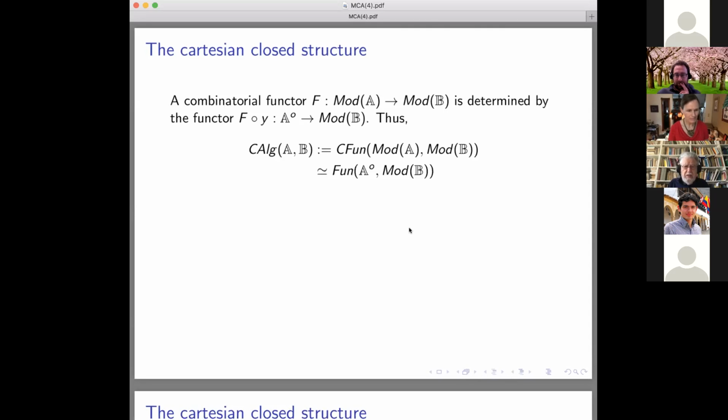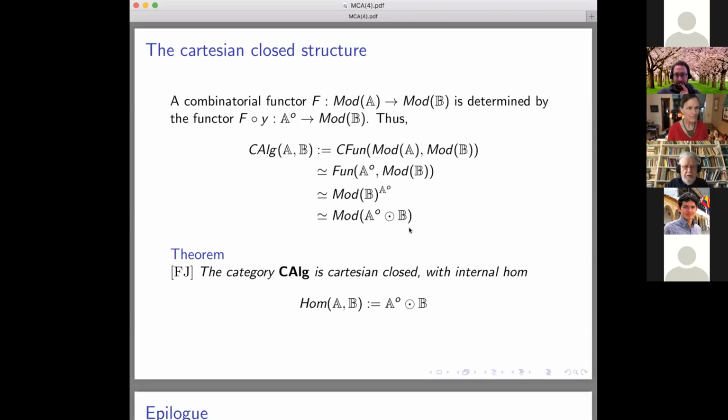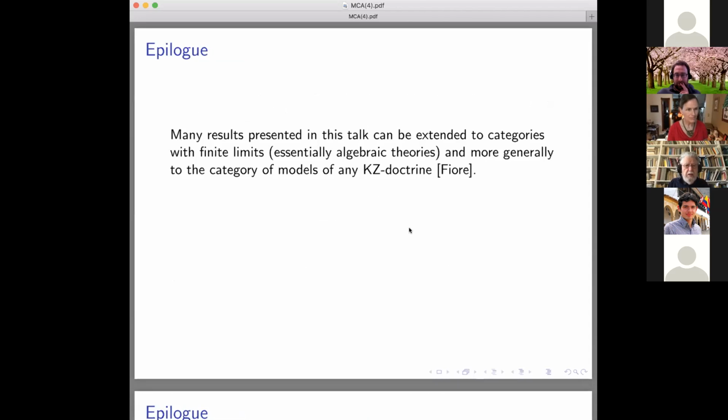And that's the same as a functor from A to Mod B. That's a diagram of models of B, so it must be a model of A tensor B. That's a theorem: the category is Cartesian closed with internal hom [A,B] given by A tensor B.